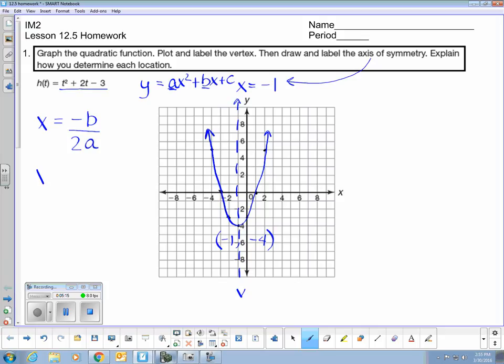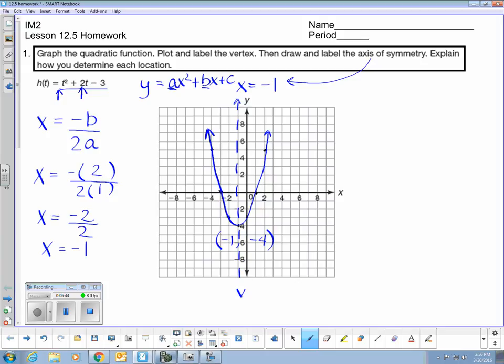So to write the equation of the axis of symmetry, I'm going to take out negative b and replace b with positive 2. And I'm going to take out a and replace that with positive 1. So I get negative 2 divided by positive 2, and then I get the equation x equals negative 1.